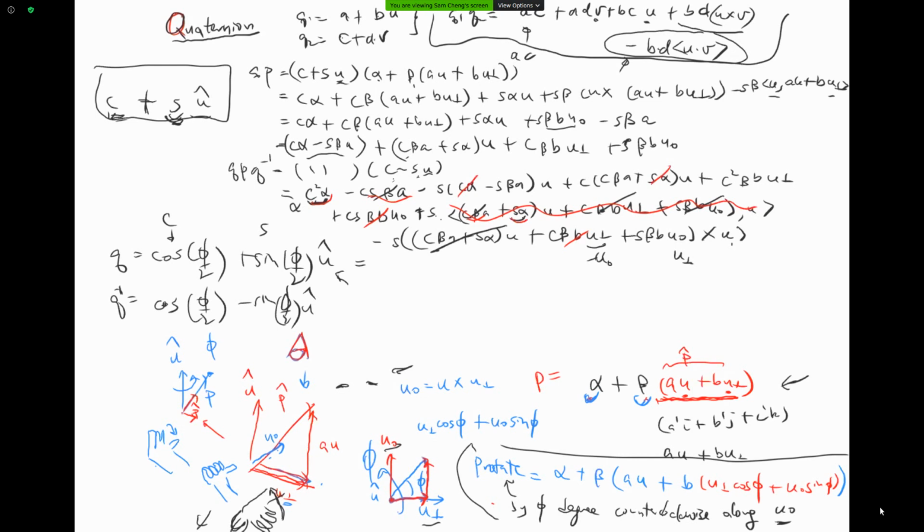And for this guy here, I have plus S square beta A U and a C square beta A U, so this can group together to get beta A U. That is sine square beta A U plus cosine square beta A U. Finally, I should have alpha here, plus beta A U here, and then I have this U perpendicular here that goes with this guy, which is beta B C square minus S square U perpendicular.